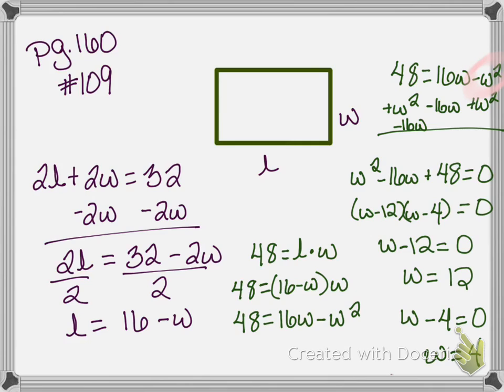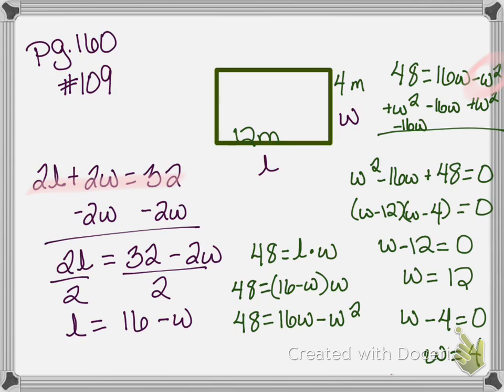And so if I were to take 4 and plug it into this formula right here for W, so if W is 4 meters, then when I plug it back in here, my length is 12 meters.